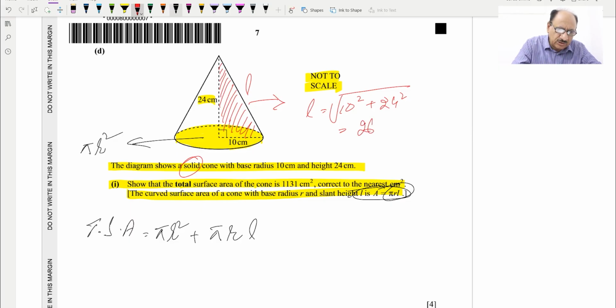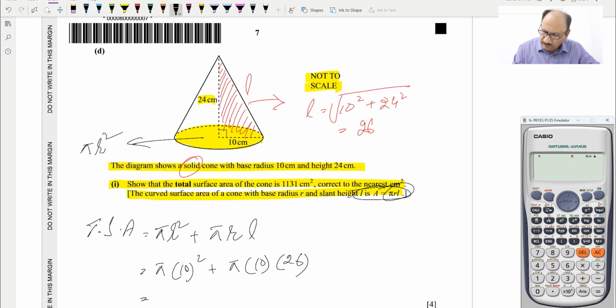So this 26 we will be utilizing, and pi r square, r value is 10, plus pi r, which is again 10, and L, which is 26. This will be 10 square will be 100, so 100 pi plus this will be 260 pi, and this is 360 pi.